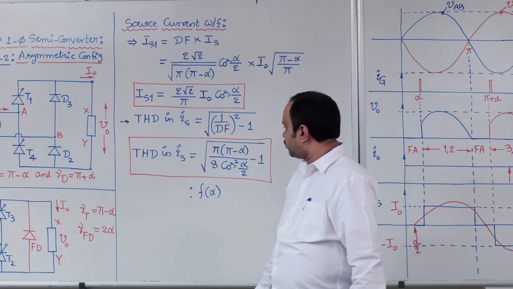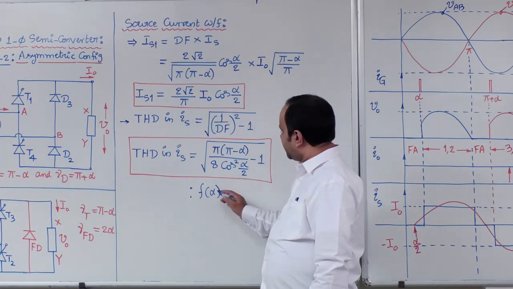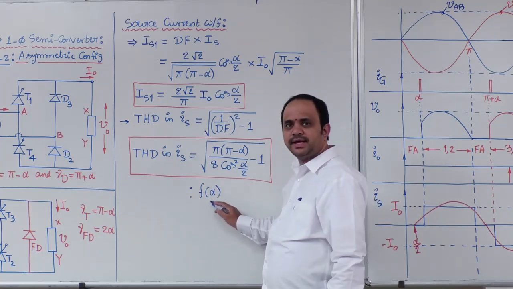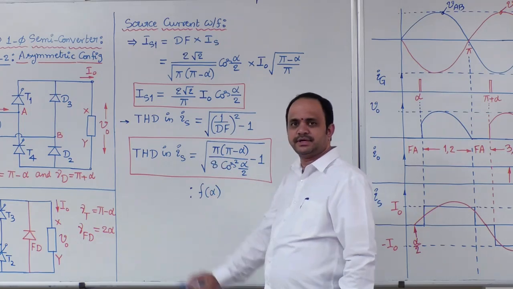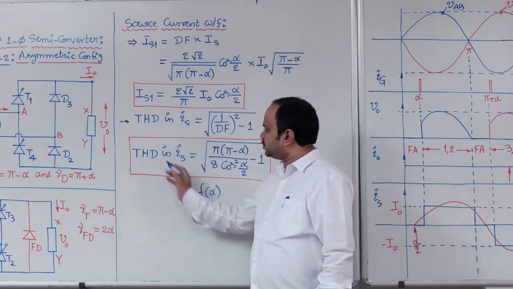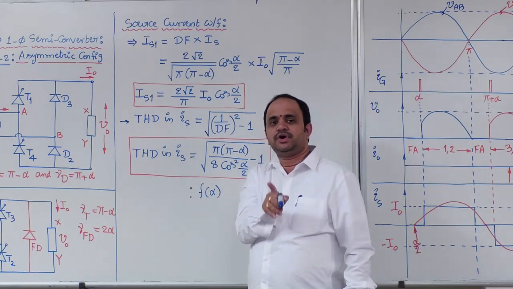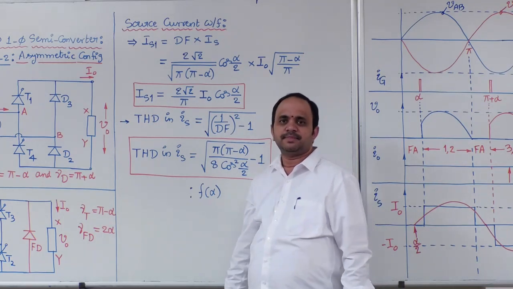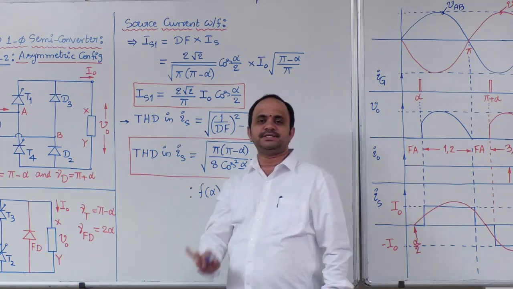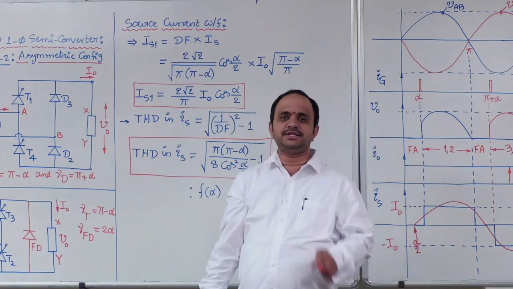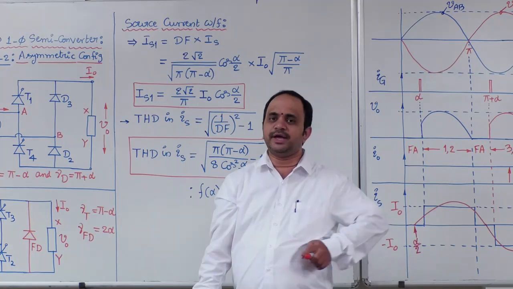So, what do you mean by that? By selecting suitable firing angle in single phase semi converter, it is possible to control THD. In single phase full converter, we got THD as 48%. But as per IEEE standards, THD should be less than 5%.